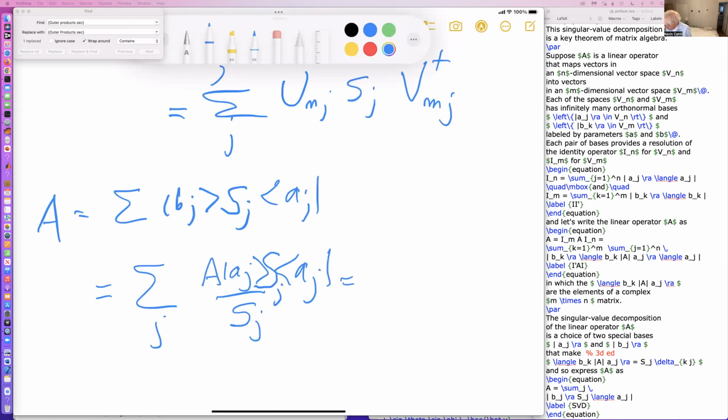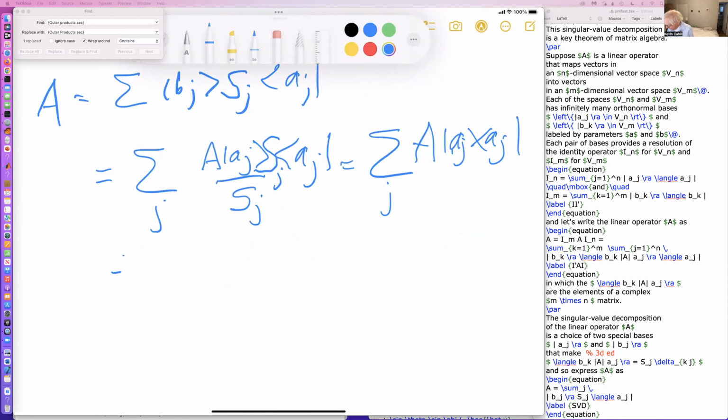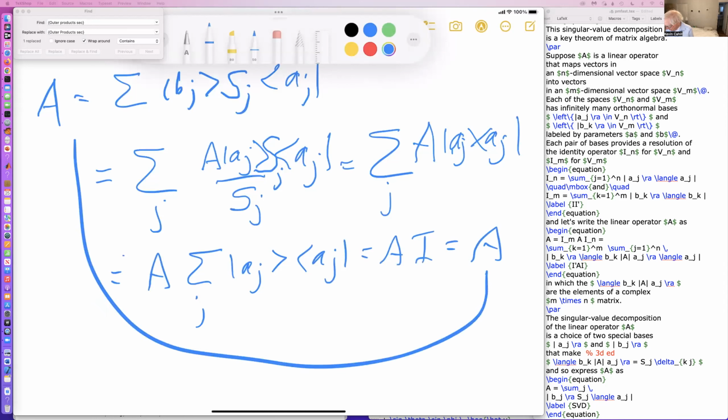The S_J's cancel, so this is just the sum over J of A A_J A_J. And so we can rewrite this as A times the sum over J of A_J A_J, which is just A I, which is just A, which is of course what we had over here.